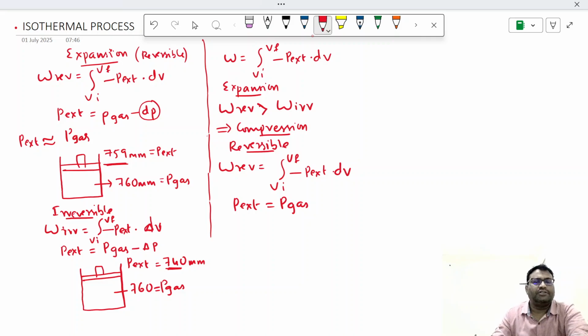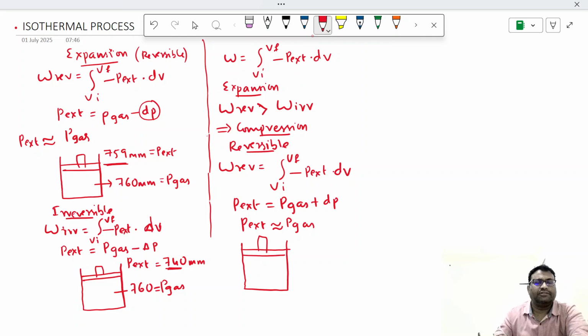Compression means what happens? P external will be greater by plus dP. That means P external is almost equal to the pressure of the gas. Okay. So when you take a gas, let us take P external equal to something like 760. P internal will be less. The pressure of the gas will be something like 759 mm of Hg.